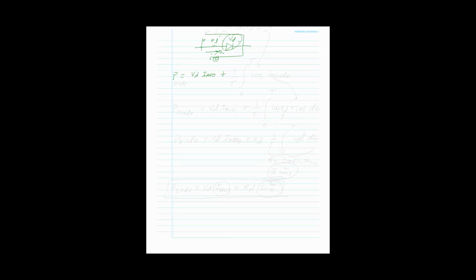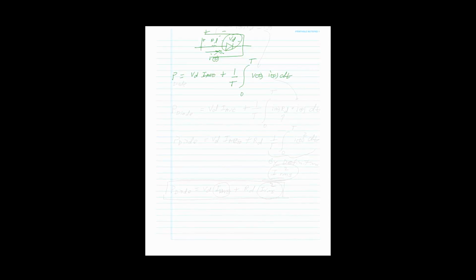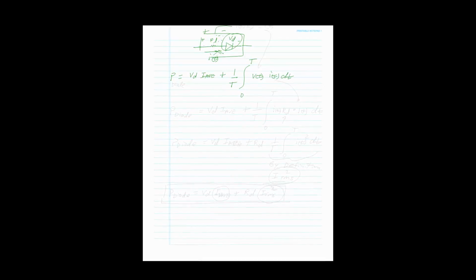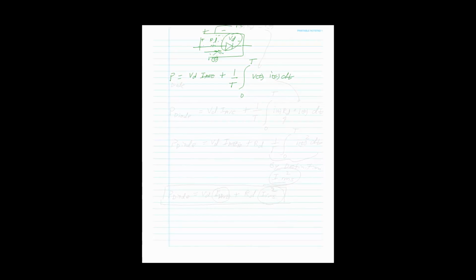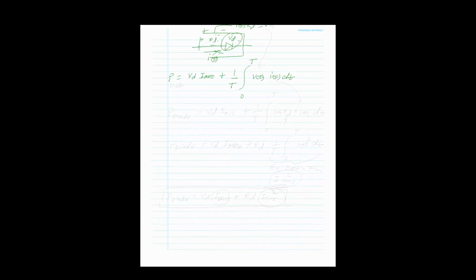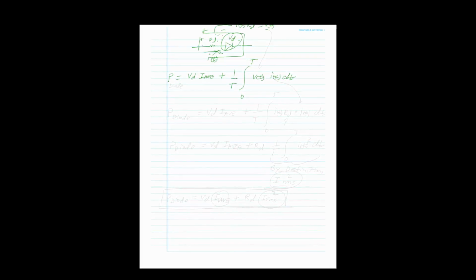Go to the formula: 1 over T integral 0 to T of V of T times I of T. But what is V of T across the resistor? That's nothing more than I of T times RD. So now I could substitute that back in.